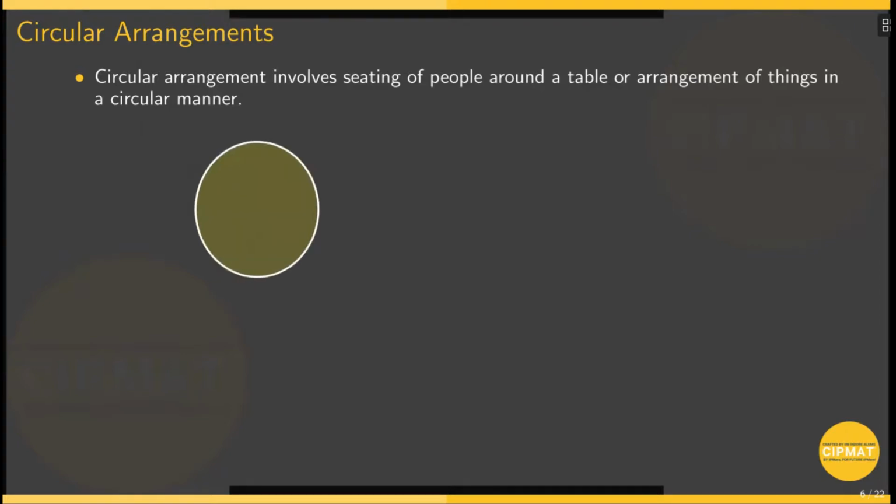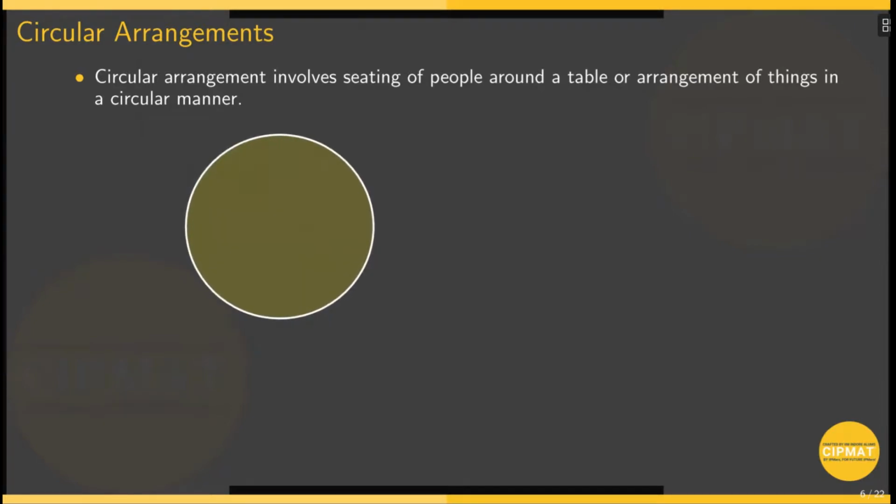What do I mean by that? Any circle-kind of table you have, there people are sitting in this way. Always assume one thing in this particular case, that people are sitting in such a way that they are facing towards the center of the table.